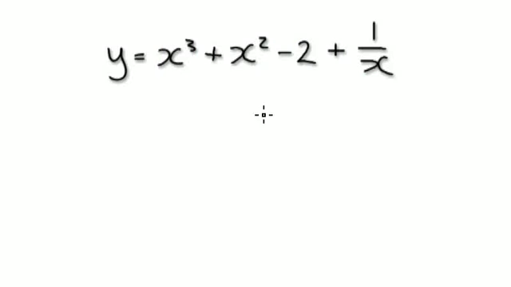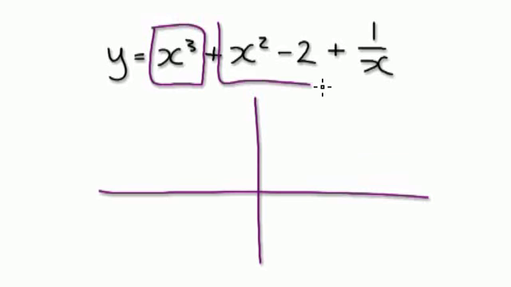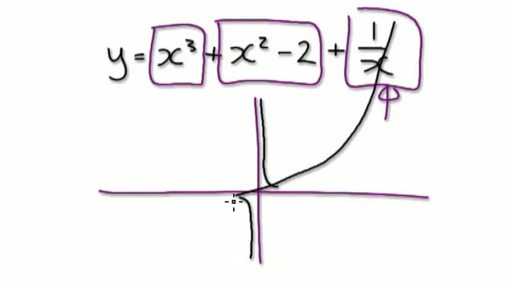So let's start again here. Let's look at it like this. When x is small, it wants to follow this. So your graph will look something like this. Don't forget, it's a positive reciprocal, so it will be like this. Now when x is big, it wants to do this. That's what it wants to do.